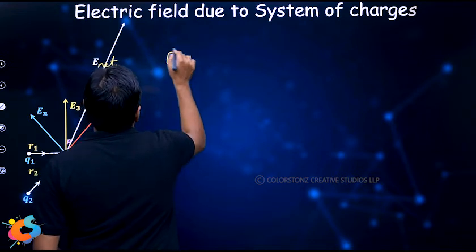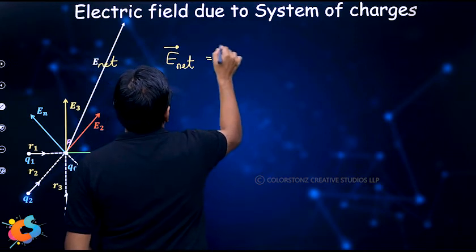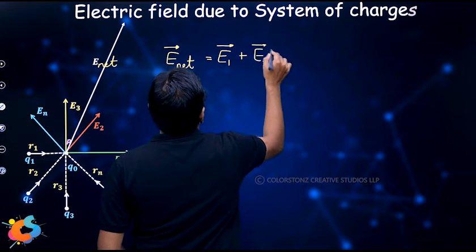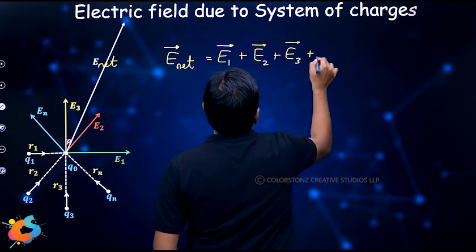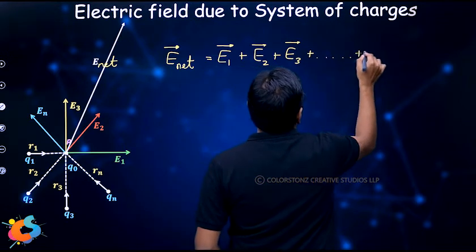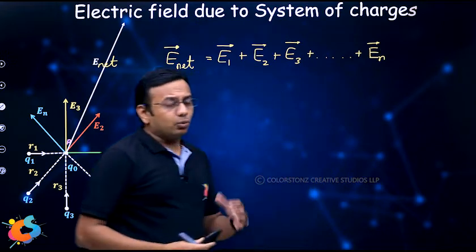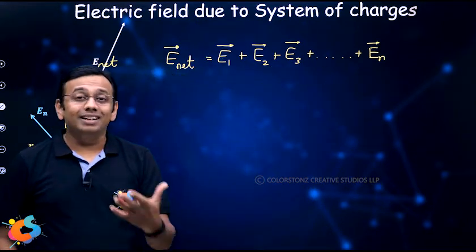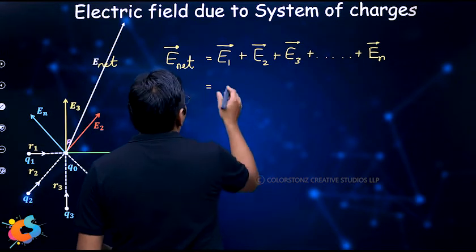E net vector can be written as E net vector is equal to E1 vector plus E2 vector plus E3 and so on up to En. And how do we write the value of each of these fields? We've just now learned in the field produced by a point charge, it is KQ by R square R cap.